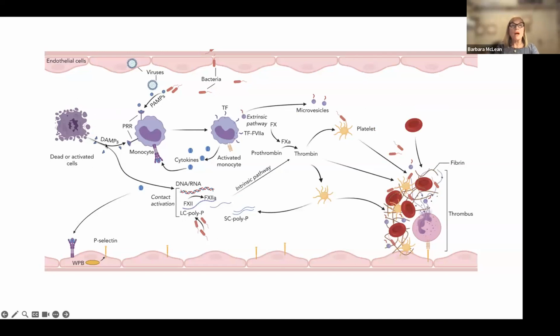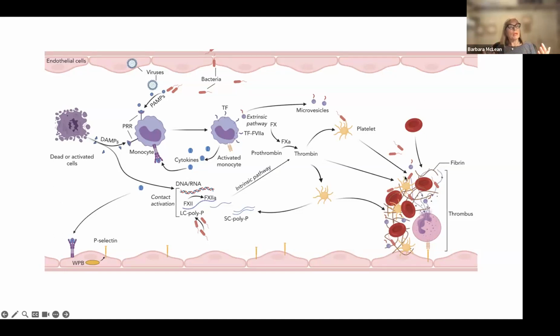Okay, so one more time, just want you to see that at the end, what's going to happen is that you're going to make that sticky fibrin clot. Your platelets are going to be activated. They're going to adhere. Your red cells are going to adhere. And these are all down in the microvessels.